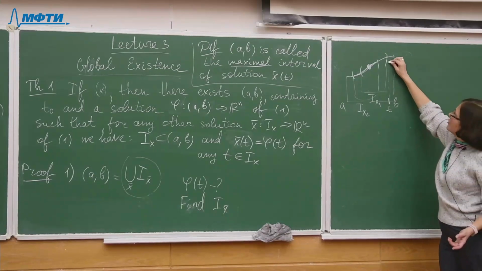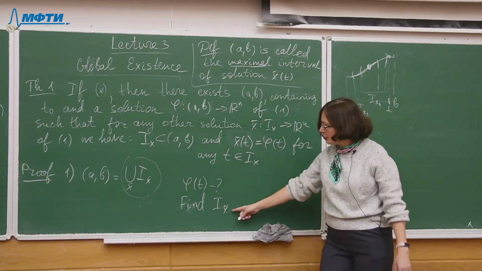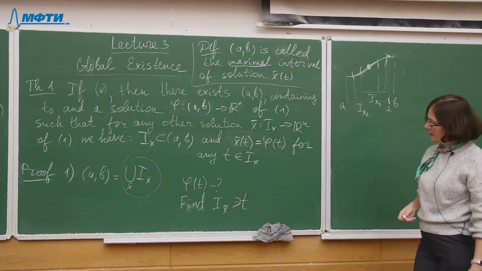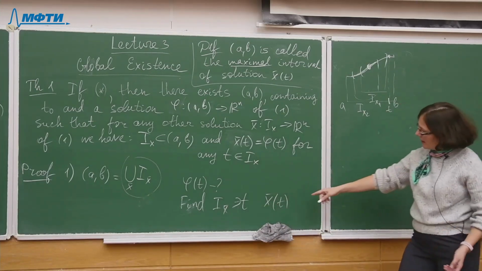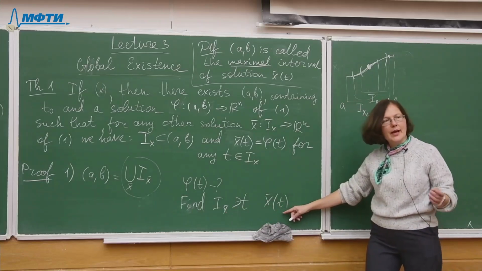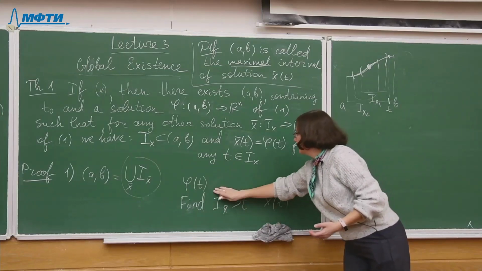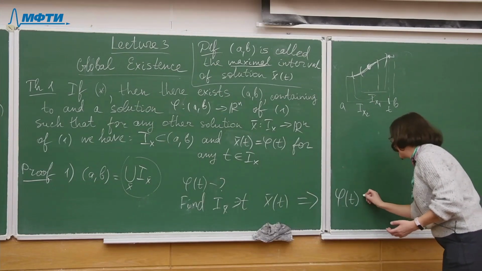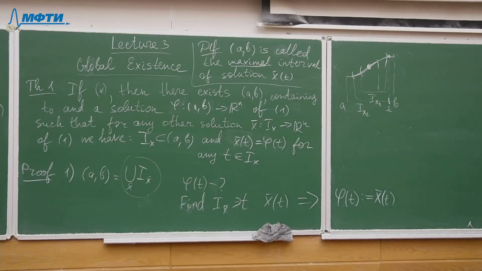So t belongs to one of the intervals, and so we should find this interval containing t. Find the corresponding solution, because this interval corresponds to some solution x of t of the initial value problem. And after this, we set phi of t equals x of t. Okay, so we have defined AB and phi of t.